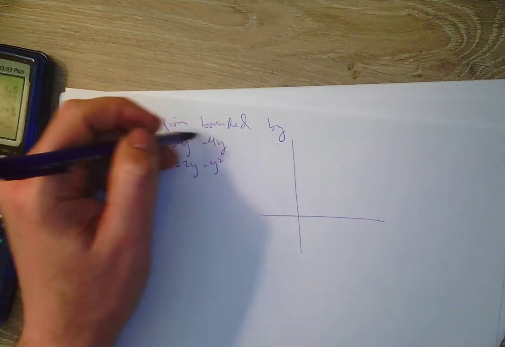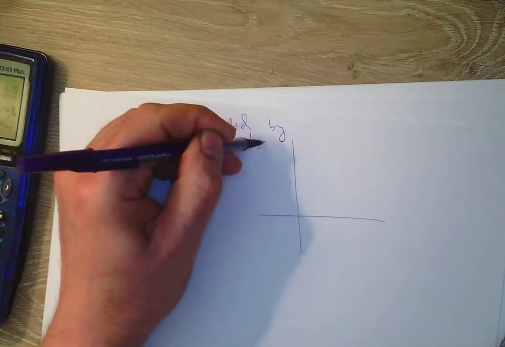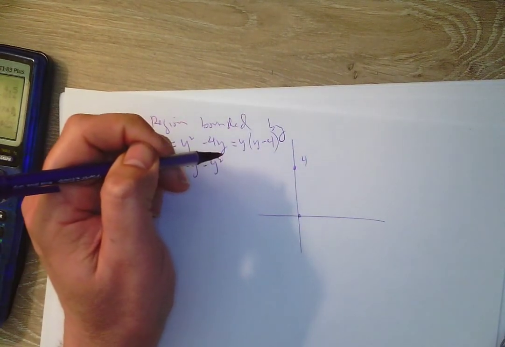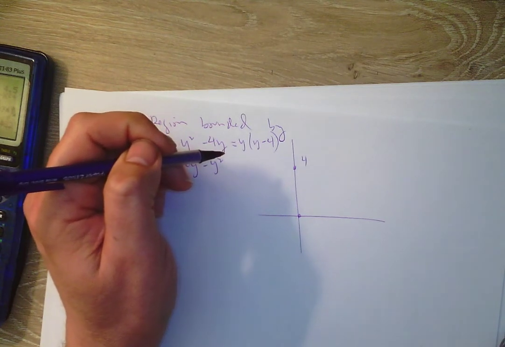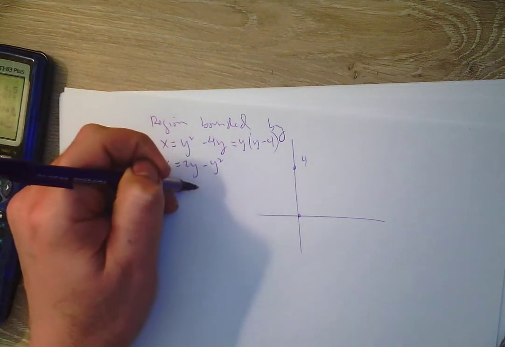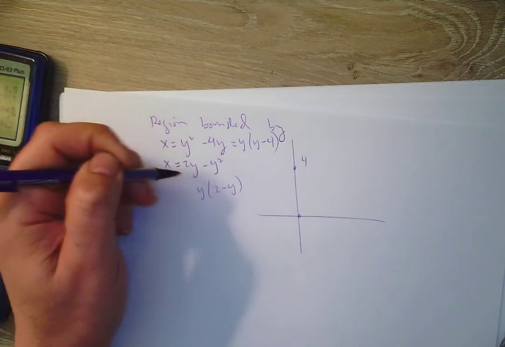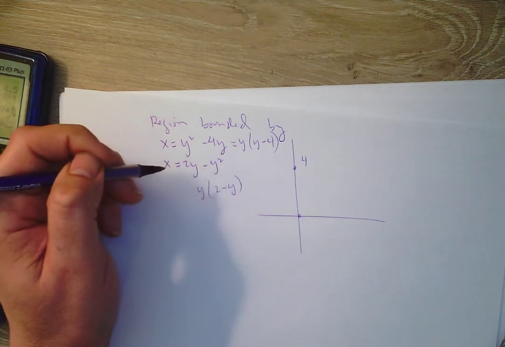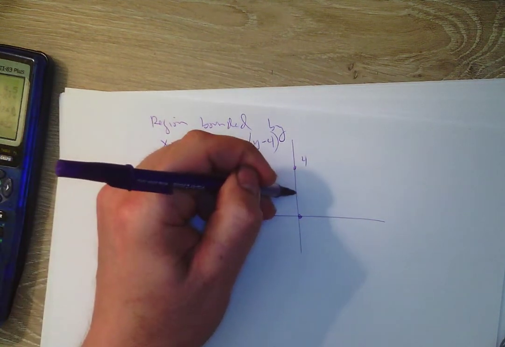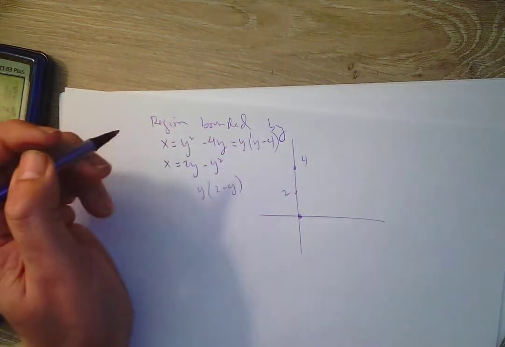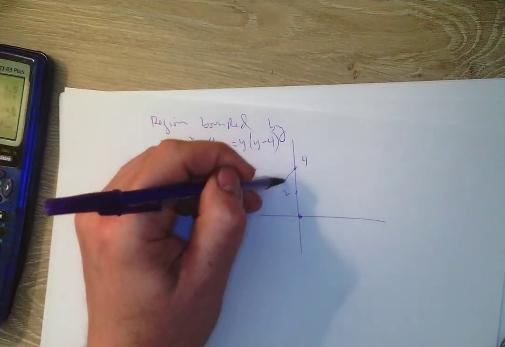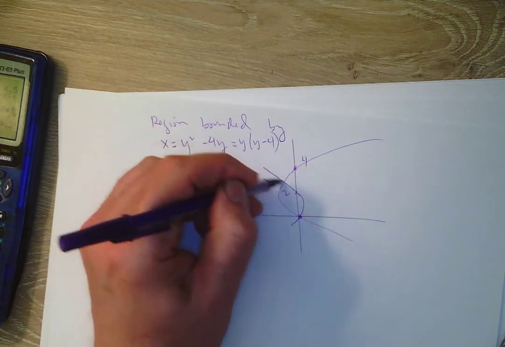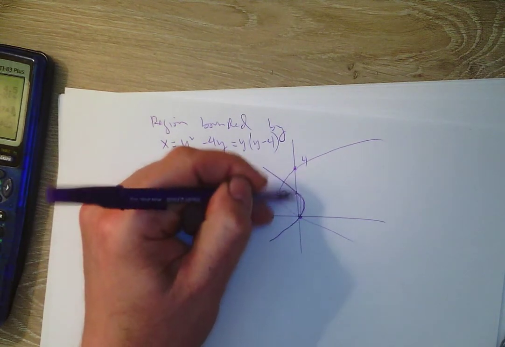Well, if I factor a y out of here, I get intercepts at 0 and 4. And if I factor y out of here, I get 2 minus y. Okay, this one goes this way, this one goes this way, and I'm looking for this region.